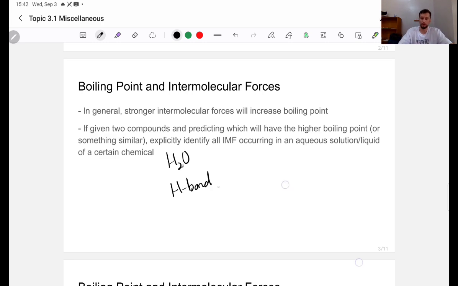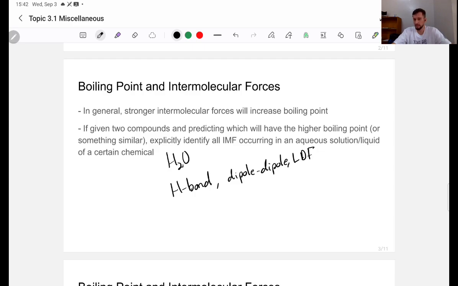You should also additionally list dipole-dipole and London dispersion forces, because those are also occurring. Okay? So list all the forces that are occurring. If, for example, we have a polar molecule that can do dipole-dipole, you should also list LDF.